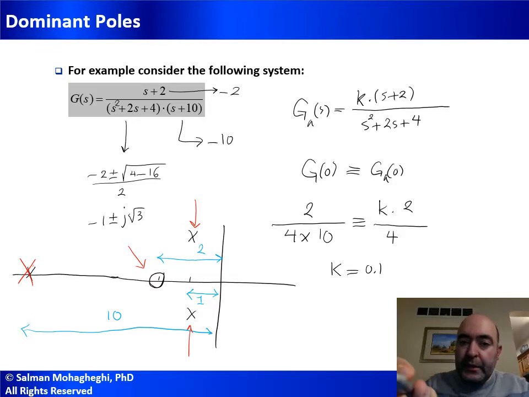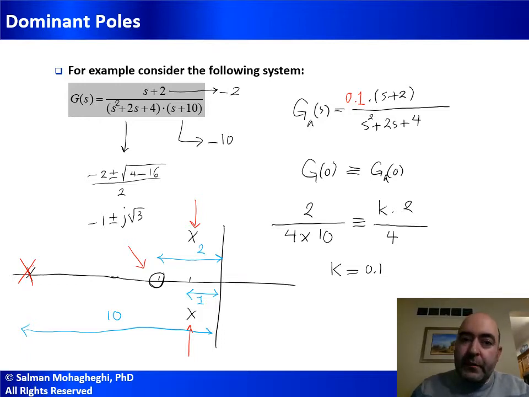So that means that my original function, which is a third order system, can now be approximated by a second order system. However, notice that, let me erase this k. Here, instead of having that s plus 10, I now have a constant of 0.1. So now this is going to be the approximate lower order system that I will use to analyze the behavior of my original system.